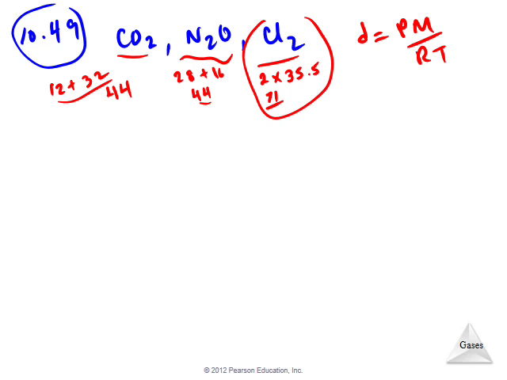Now let's go over our next problem, which would be number 53. So 10.53, I'd like to go over B. Okay, in this particular case, you need to calculate molar mass. So let's use those kind of symbols. M is for molar mass.